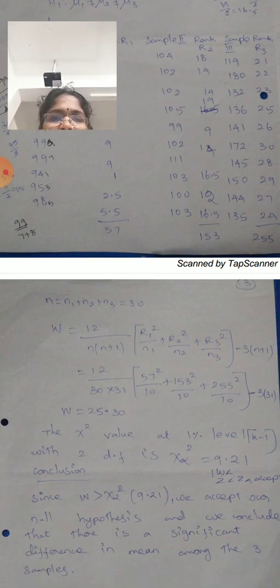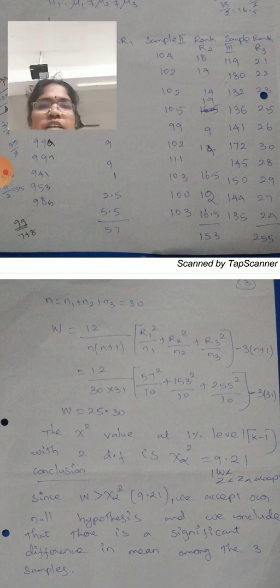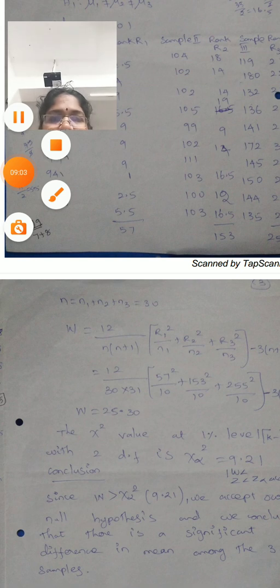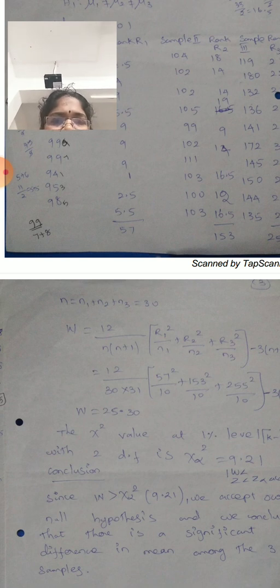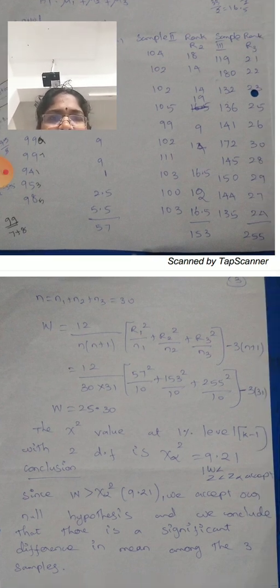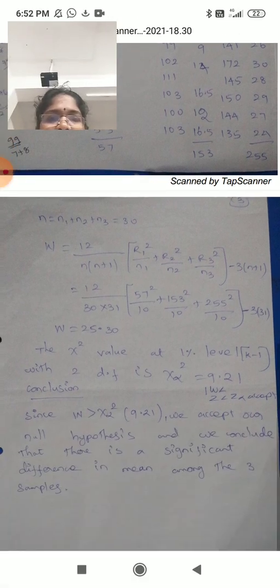Then the formula is W equal to 12 divided by n into n plus 1, into R1 squared by n1 plus R2 squared by n2 plus R3 squared by n3, minus 3 into n plus 1. Here n equals 30, so 30 plus 1 is 31. R1 is 57, so 57 squared by 10, plus 153 squared by 10, plus 255 squared divided by 10, minus 3 into 31.